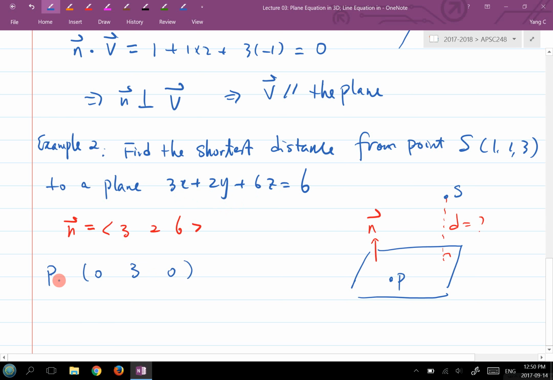Okay. So you write these two pieces of information down, and then you can start thinking how you would solve for the shortest distance from the point to this plane. So think about it.